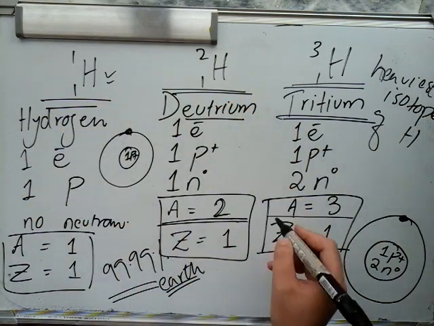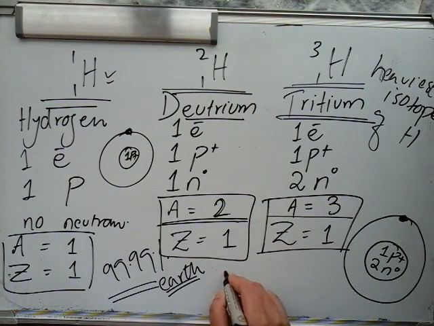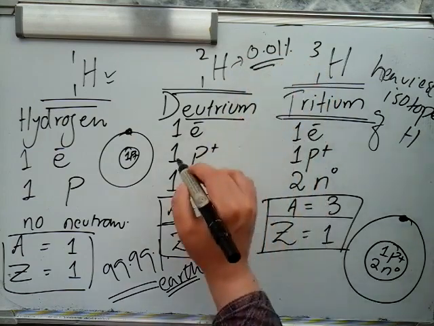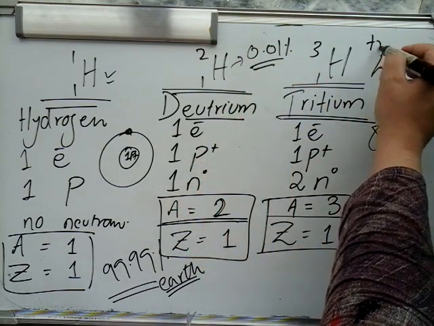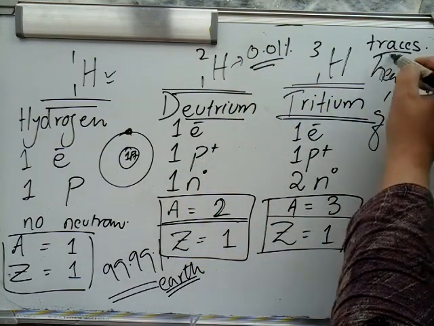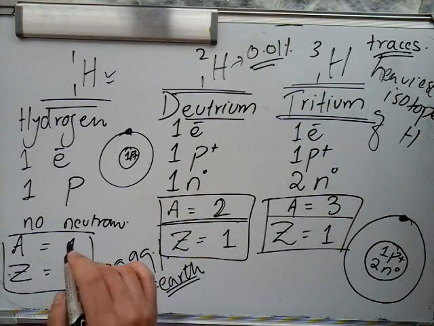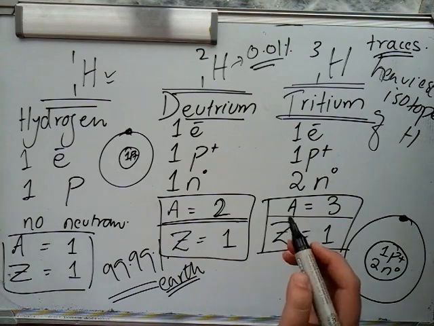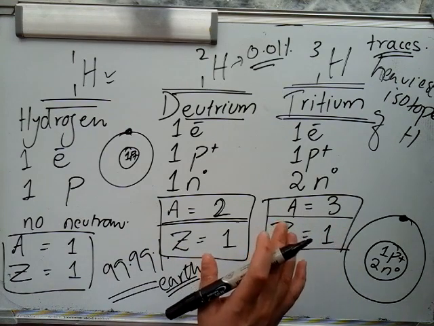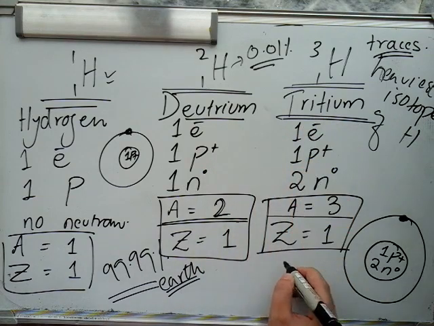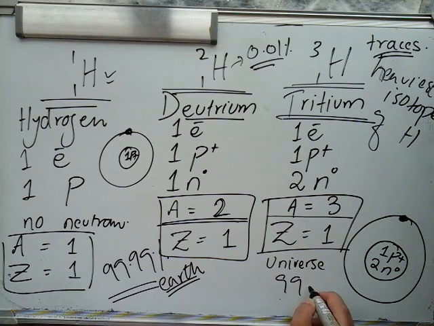Keep in mind that the percentage composition of deuterium is almost 0.01% on Earth, and it is found in very small traces. Tritium is also found in very negligible amounts on the surface of the Earth. But in the universe, it is found at almost 90 to 99%.